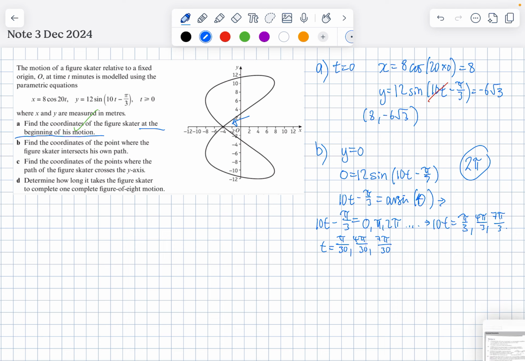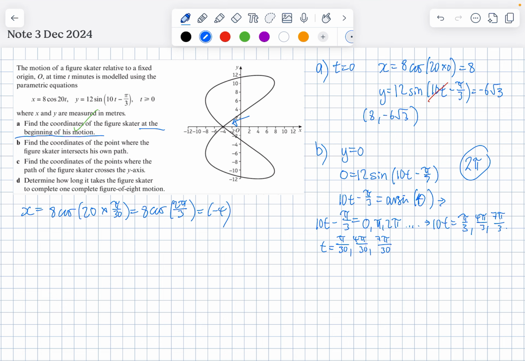Okay, so now we can start to work out what x is. So x is equal to 8 cos 20 times pi over 30 for the first solution, which equals 8 cos 2 pi over 3, which is equal to minus 4.